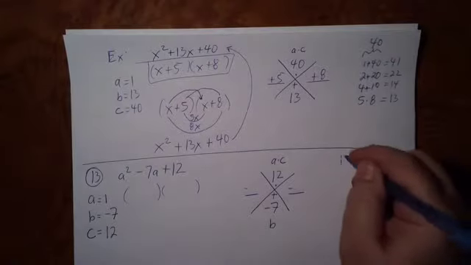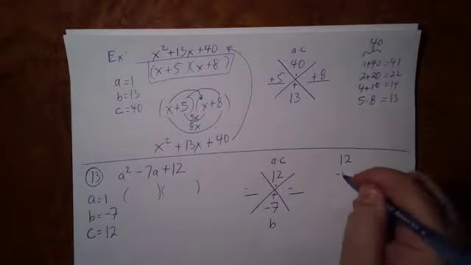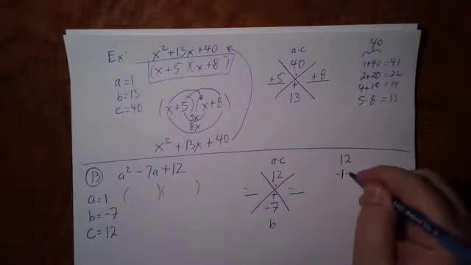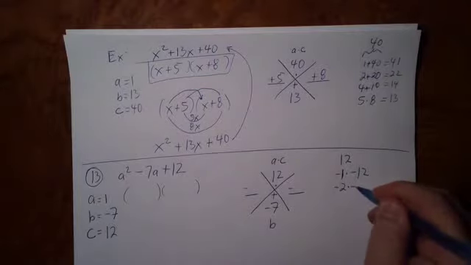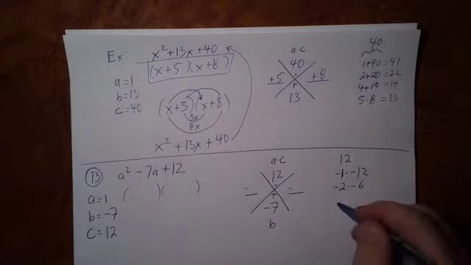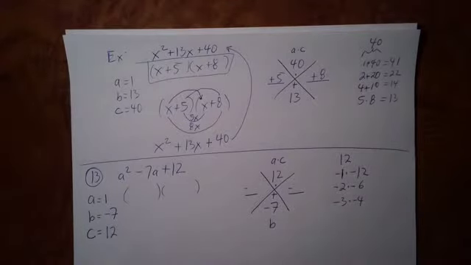So if we look at all the numbers that multiply to 12 that are negative, we can say, for example, negative 1 times negative 12. Negative 2 times negative 6. And then negative 3 times negative 4. All these combinations of numbers multiply to 12.